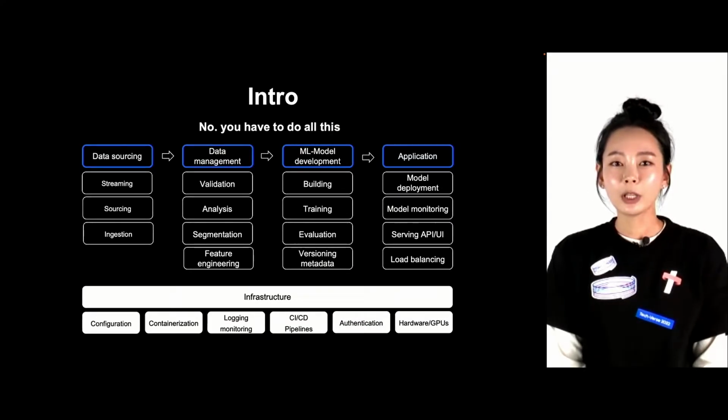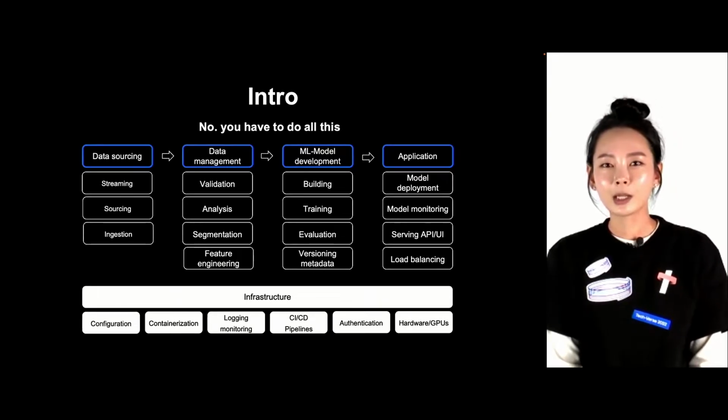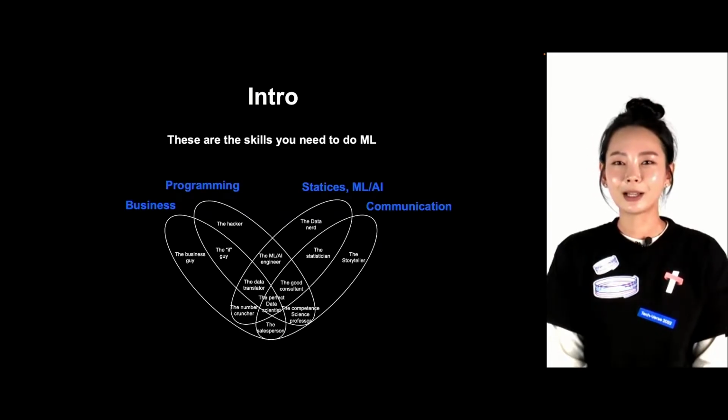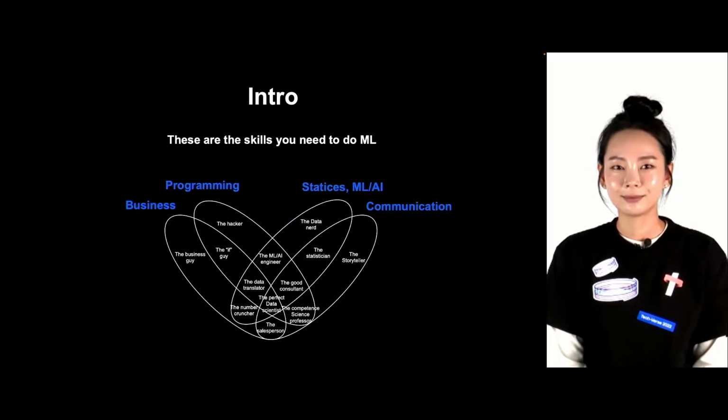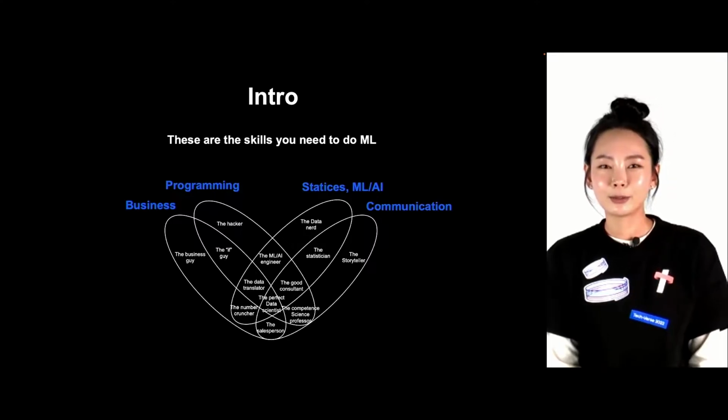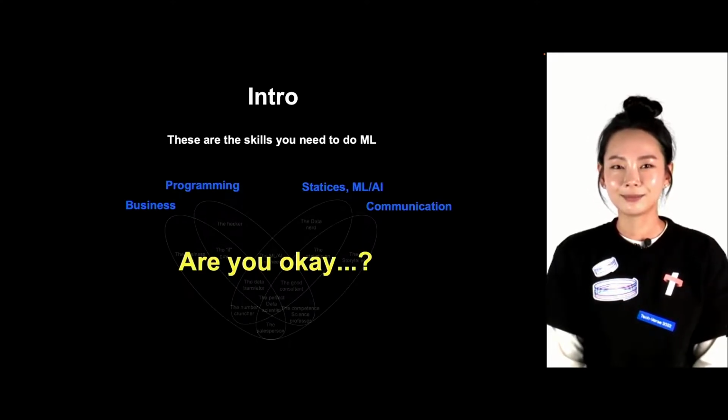Even creating a small model like this requires a full infrastructure, and all of these processes will have to be run. So the skills to create a model are as follows. Model developers, are you okay?